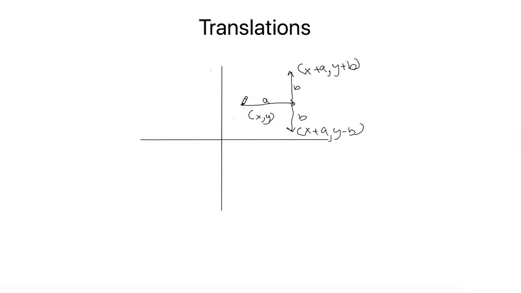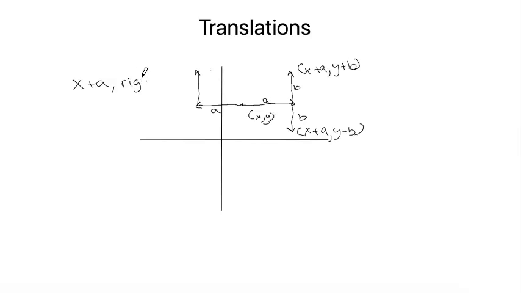And now, same way if you move left a units and up b units or down b units, you'll end up with x minus a and y plus b or y minus b, depending on whether you go up or down. The whole thing is that right a means x plus a if you go to the right.